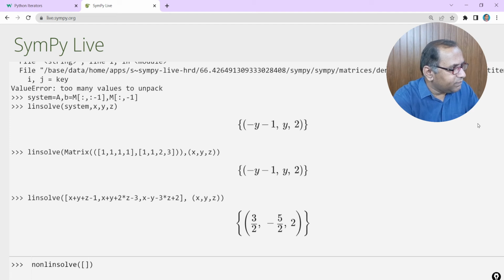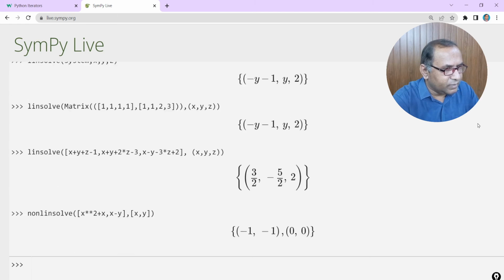First we have x square plus x, then we have x minus y, and we want to solve the system of equations for x and y, x comma y. So this will return the set of all possible solutions. You can see -1 and -1, this is the first pair, and the second pair is 0 0.